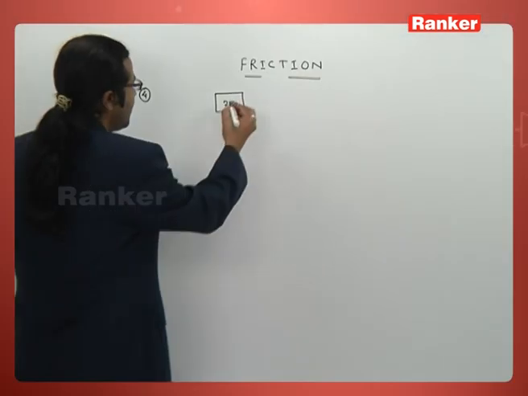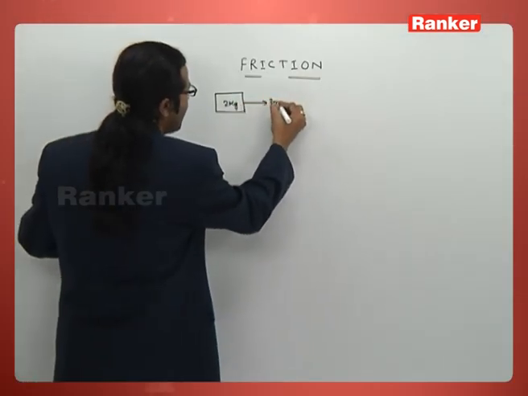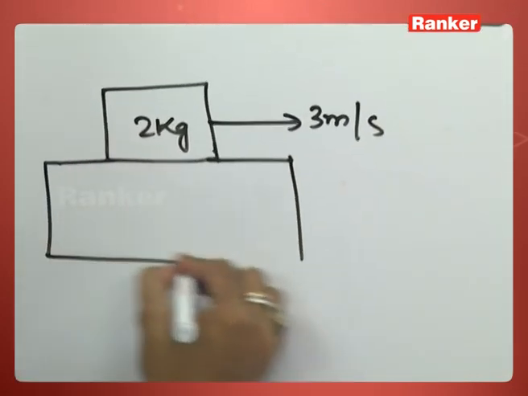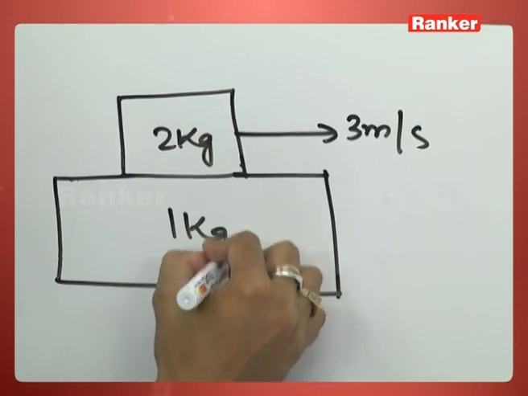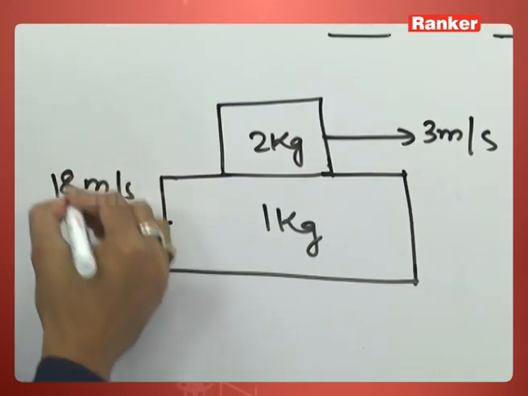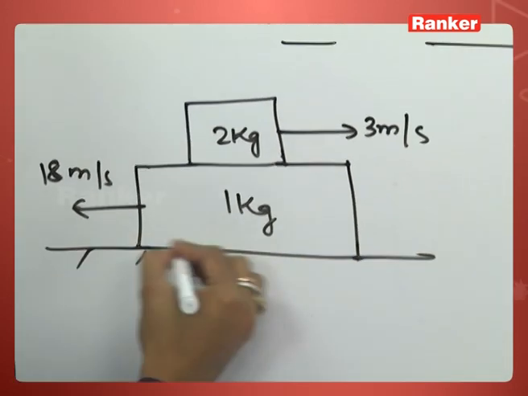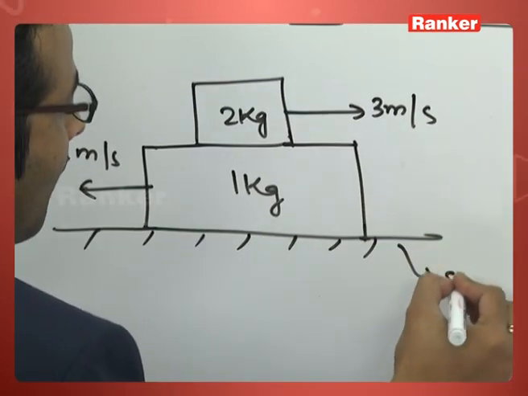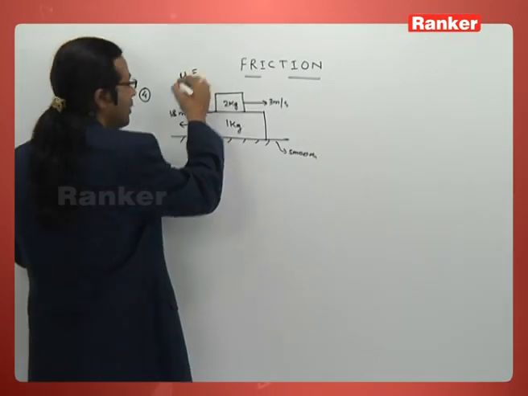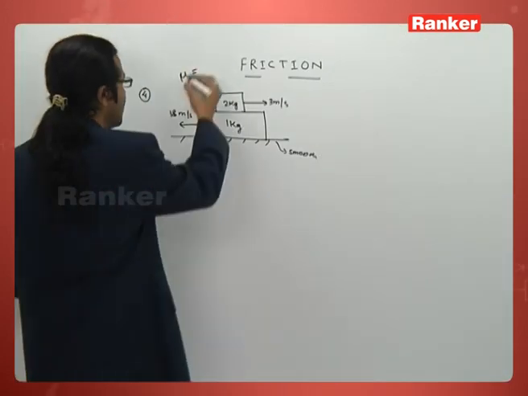So this is 2 kg, this is 3 meter per second. This is 1 kg, it's given 18 meter per second. And this is smooth.